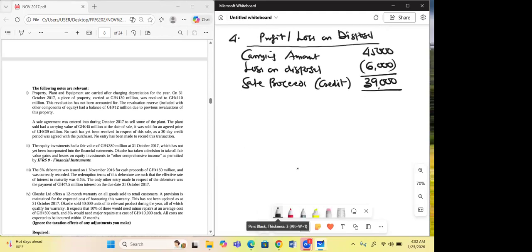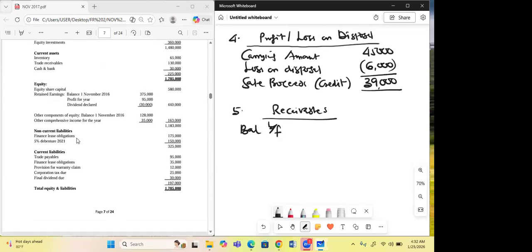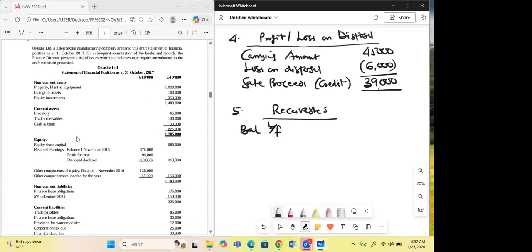So go to receivables, section 5. You give me the original receivables from the statement. The receivables brought forward are 130,000. Can you all see the receivables here? Yes.